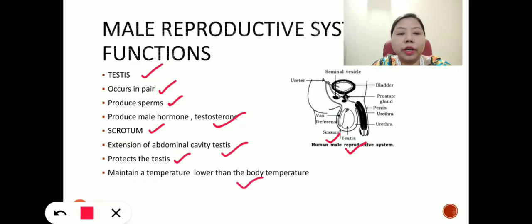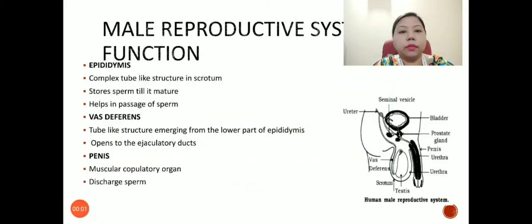As I have already mentioned, the sperms can only be produced at a lower temperature than the normal body temperature of a male. So the scrotum will be protecting the testes, and it will also maintain the temperature, which will help in the production of the sperms.